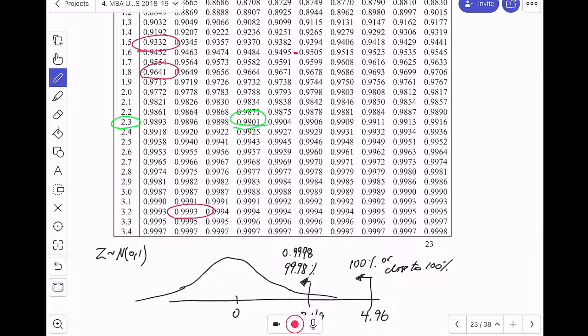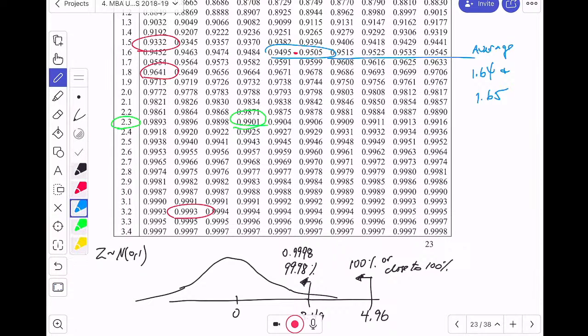What I'm doing is averaging between the z values, 1.64 and 1.65, because this one corresponds to 1.64 and this one corresponds to 1.65.